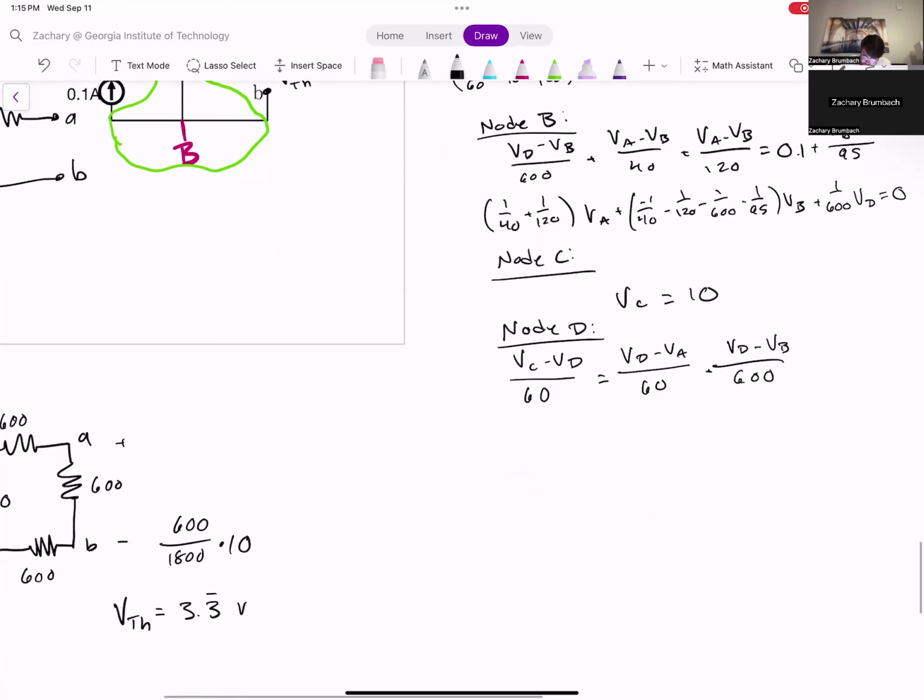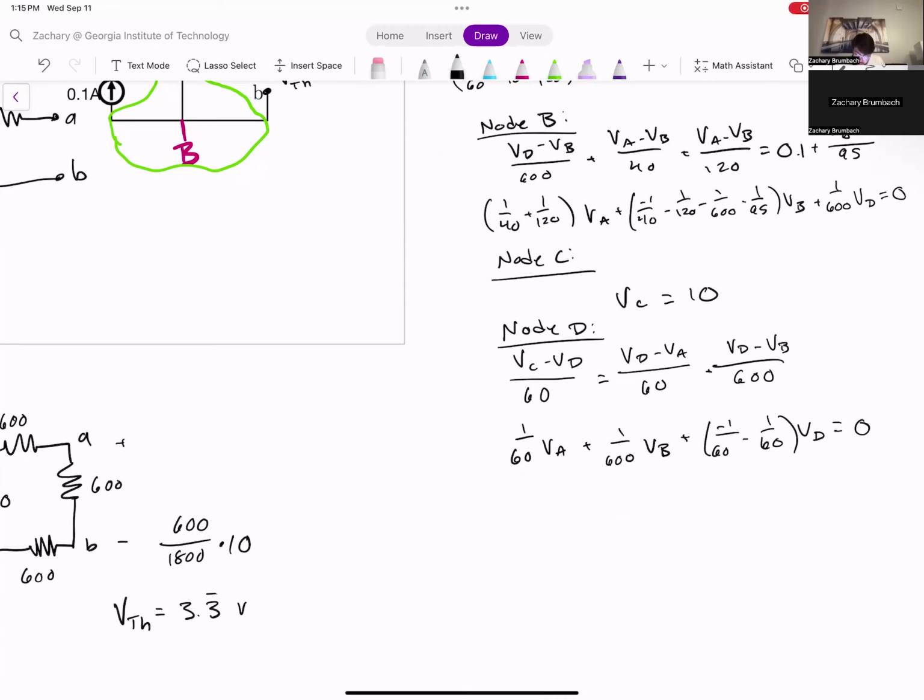And we'll reorganize this one to be instead 1 over 60 VA plus 1 over 600 VB plus minus 1 over 60 minus 1 over 60 VD equals 0.